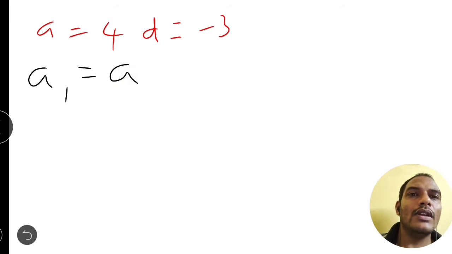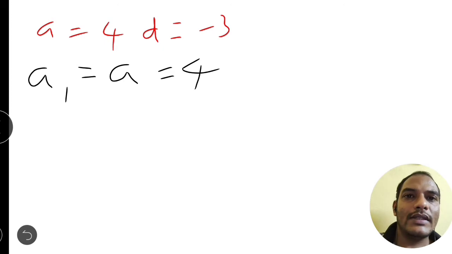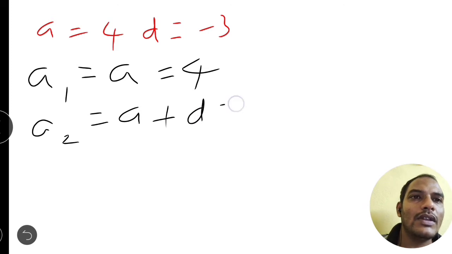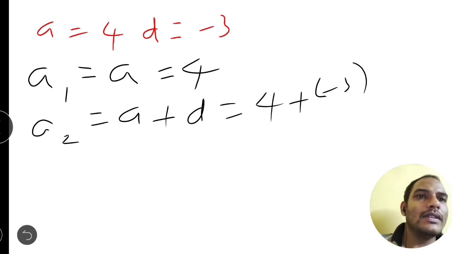So that is why A1 equals to A, it is equals to 4. Next second term is A2. So as per the general form of arithmetic progression, the A2 is A plus D. So it is equals to A value 4 plus D value minus 3. So 4 plus minus 3 equals to 1.